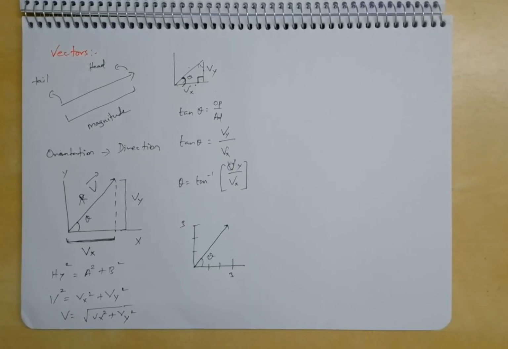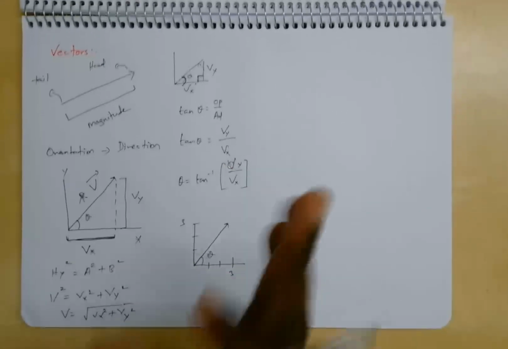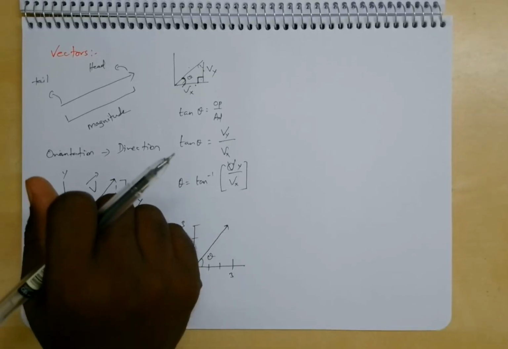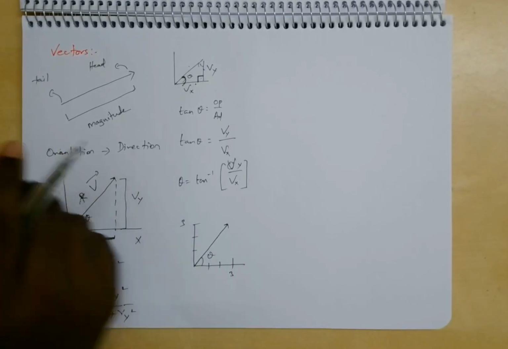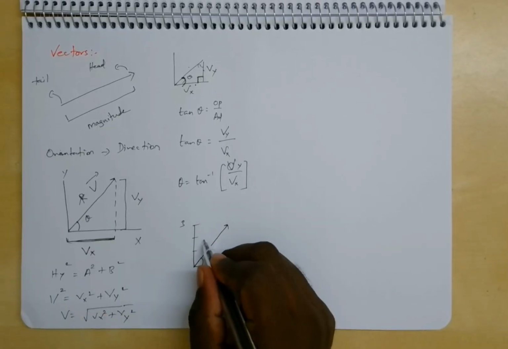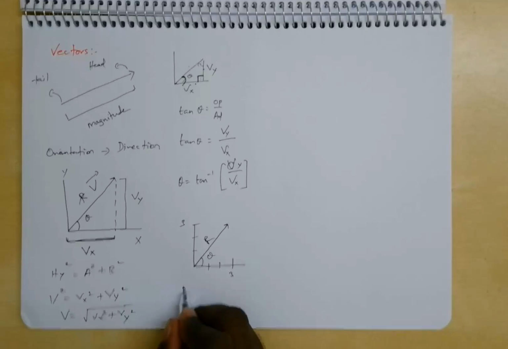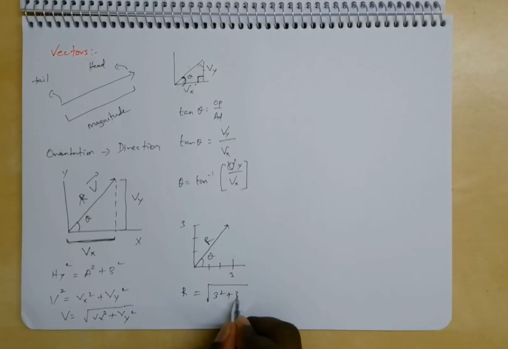No need to go to Python. First find the length of the vector. For the angle, you do not need to use Pythagoras theorem, but since you started, find the length of the vector. So if I want the length, let's say this is the r vector. r is square root of 3 square plus 3 square.